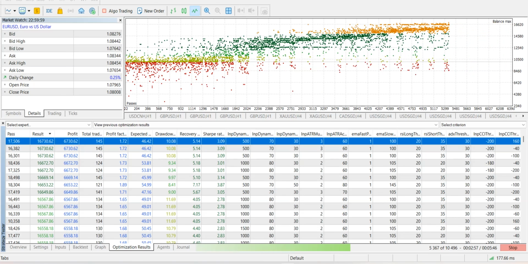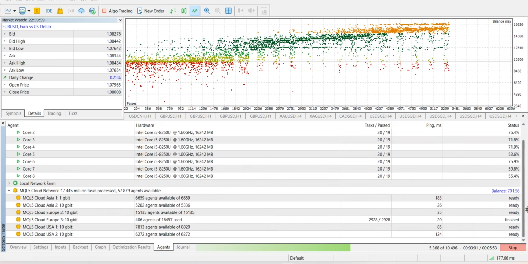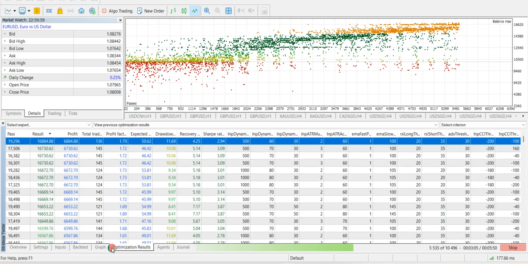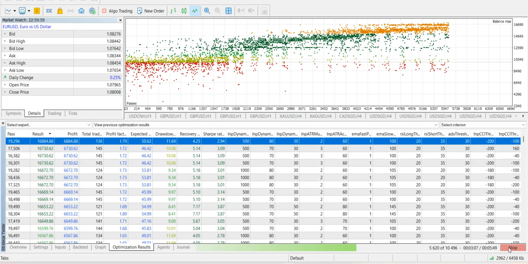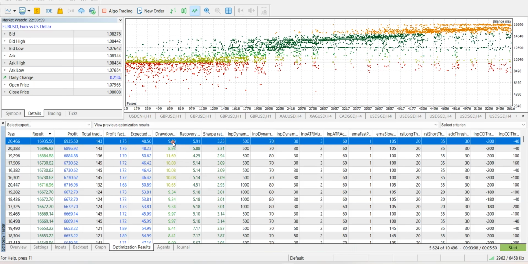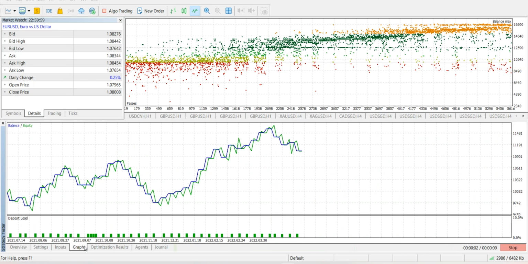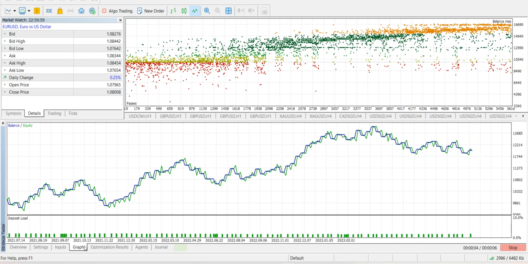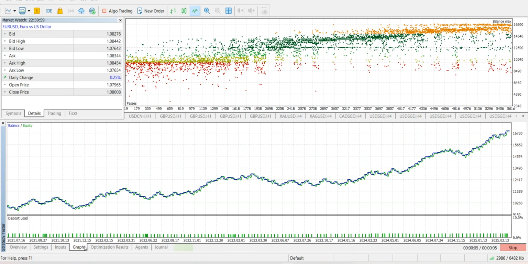I don't want to wait it out, because even with using agents, I want to stop it. Let's see the first version with this whole new parameter set, how stable it is, very stable. I am impressed by this, especially it is not bad.